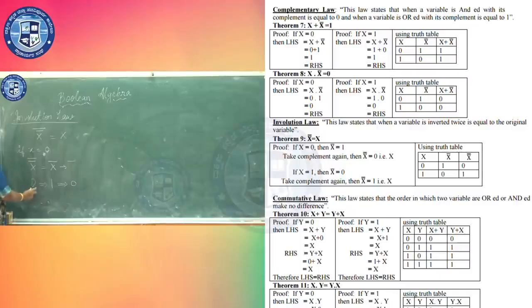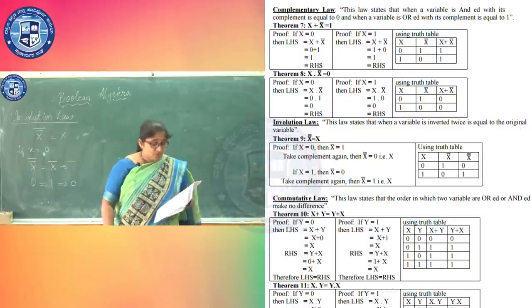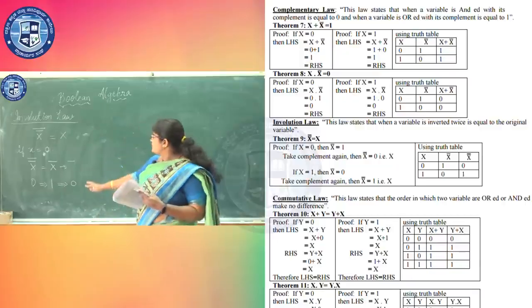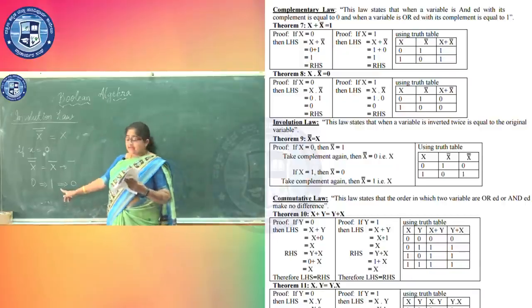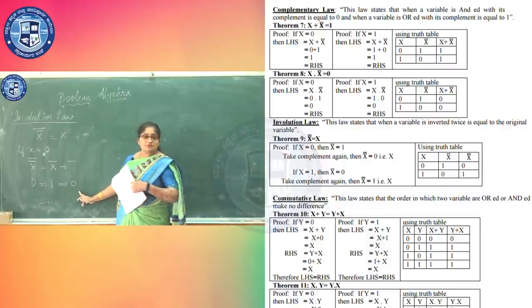So x double dash means first the value of x will be 0, then it will become 1 with one inversion, then if it is inverted again it gets back to its original value. Please look at the proof of the theorem there. If x is equal to 0, then x dash is equal to 1, and if it is complemented again it will take the value 0.